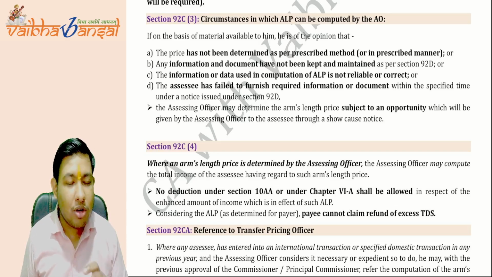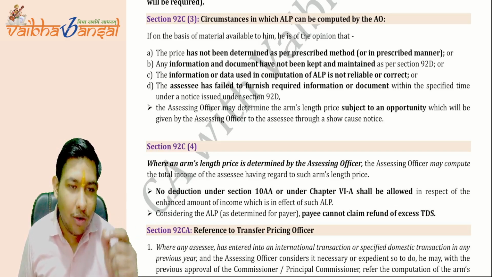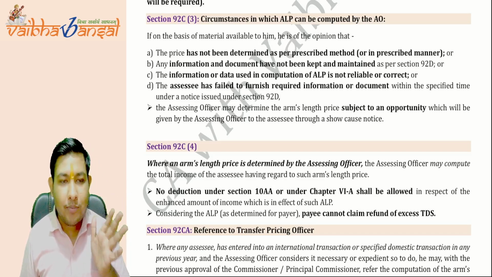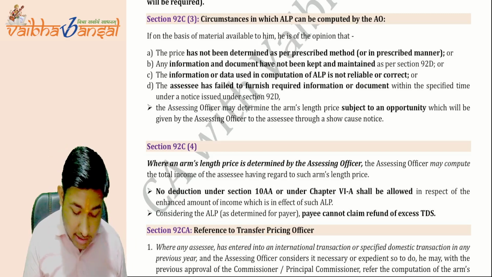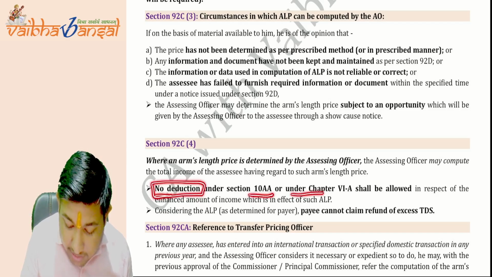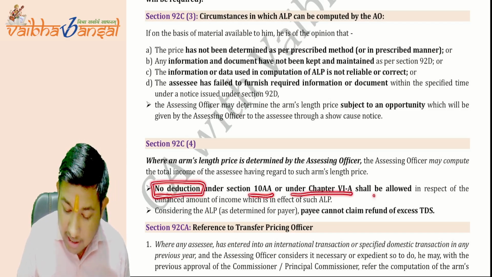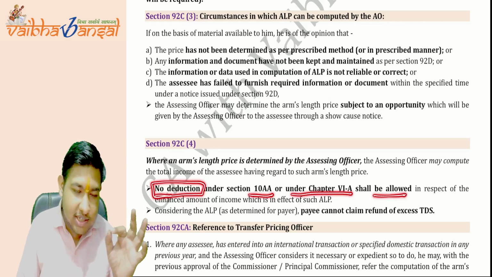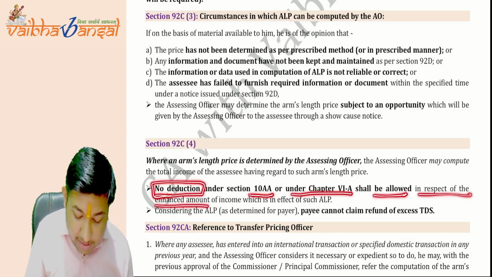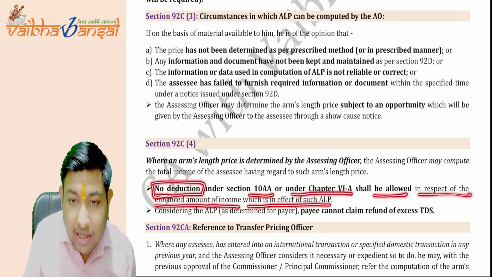Okay, he will compute, but he will not take care of two things while recomputing your total income. What are these two things? No deduction under section 10A or under Chapter 6A shall be allowed. No deduction shall be allowed under Chapter 6A and section 10AA in respect of the enhanced amount of income which is the effect of the ALP.